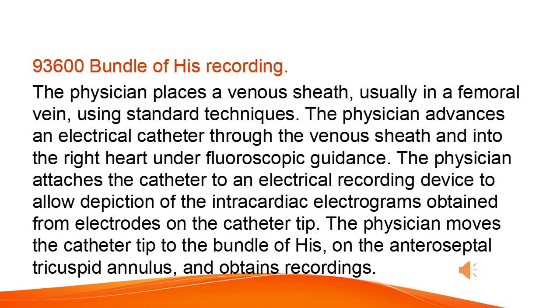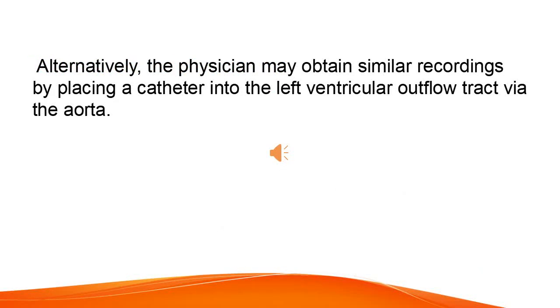The physician moves the catheter tip to the bundle of His, on the anteroseptal tricuspid annulus, and obtains recordings. Alternatively, the physician may obtain similar recordings by placing a catheter into the left ventricular outflow tract via the aorta.